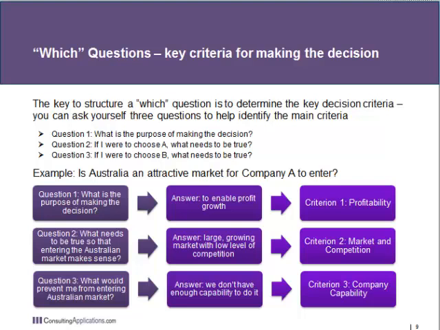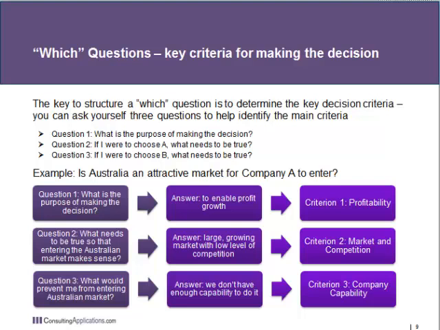And then, great. Second question, if we were to make a hypothesis that it is a good decision to enter this new market, what needs to be true? And in this case, we want a large growing market with low levels of competition. So that's your second criteria.